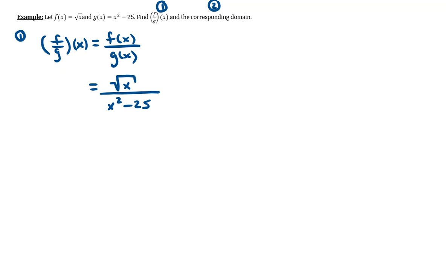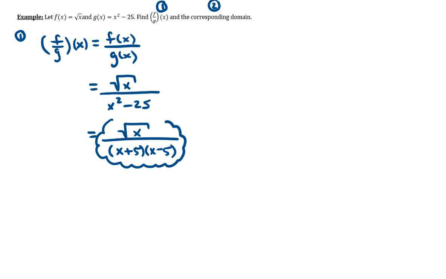There's really no simplification that will take place here. If you're looking for something additional to do, the only thing you could do is maybe factor our denominator, which is a difference of two squares. x plus 5 in one set of parentheses and x minus 5 in the other. And that would be our combined function, f over g of x.